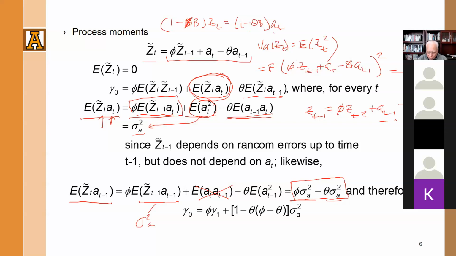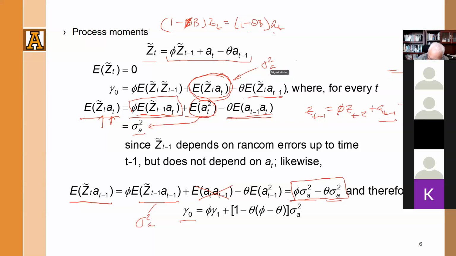Okay. So what is then gamma 0? Gamma 0, I already know that. Let me erase things here. We already know that the expected value of Z_t A_t is equal to sigma squared.